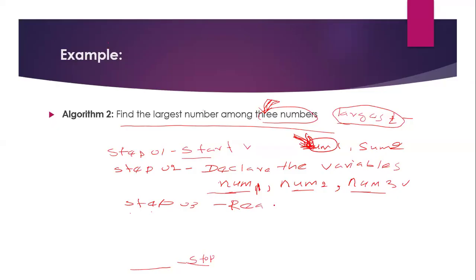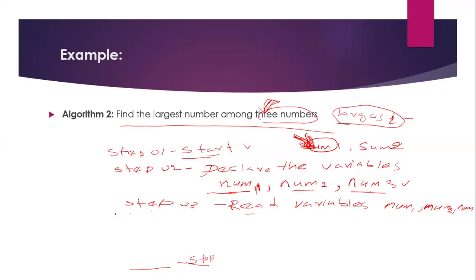So I read number 1, number 2, and number 3. First start, after we have declared these numbers, now we have to read these numbers. Now we know what these three numbers are.